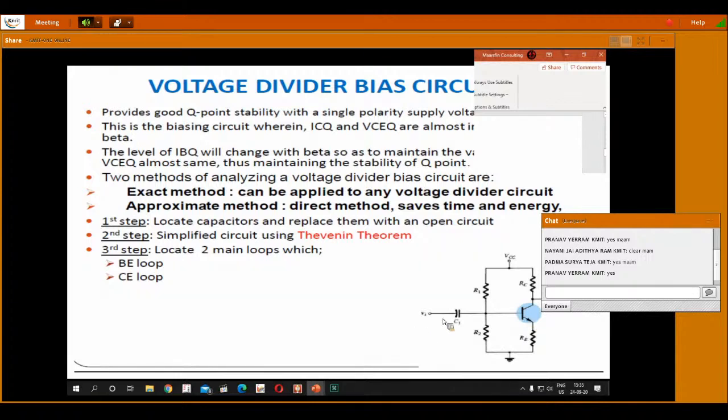That added DC signal with your input AC signal can disturb the quiescent point of your transistor. Hence, we are coupling a capacitor at the input loop as well as at the output.